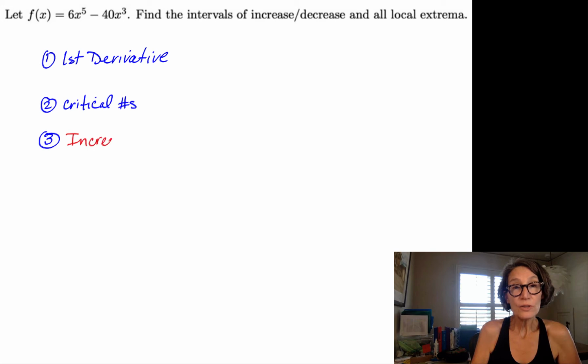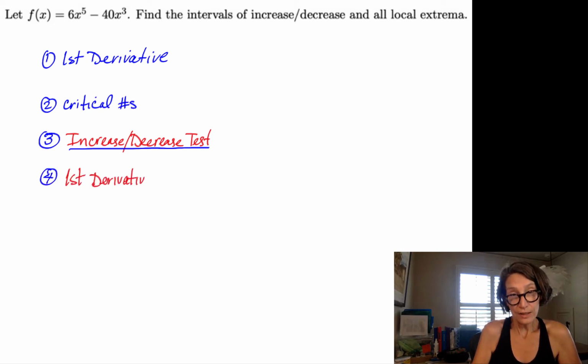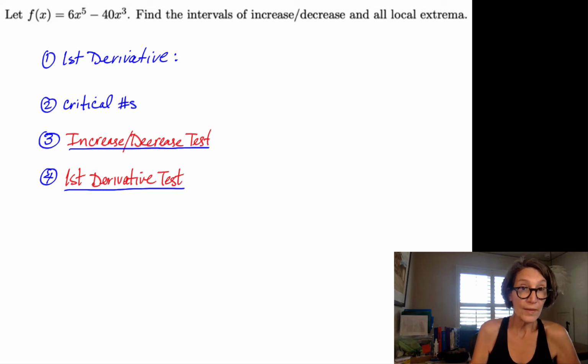Then we're going to use the increasing-decreasing test. We're going to use the critical numbers to break up the domain of the function and then test all the intervals. And then we're going to use the first derivative test to check for sign changes of the first derivative to figure out if we have local extreme values, and what they are.